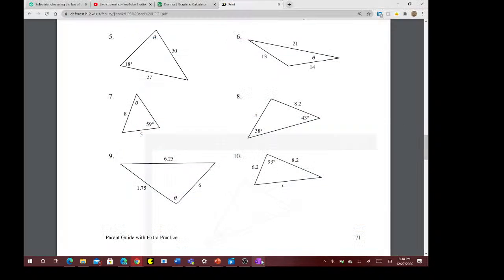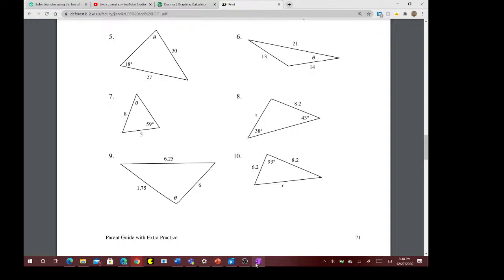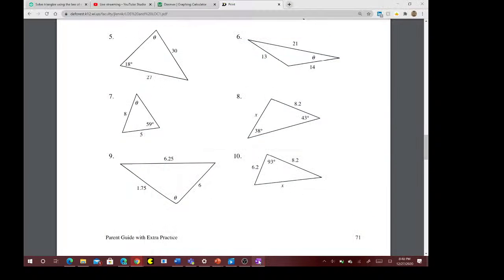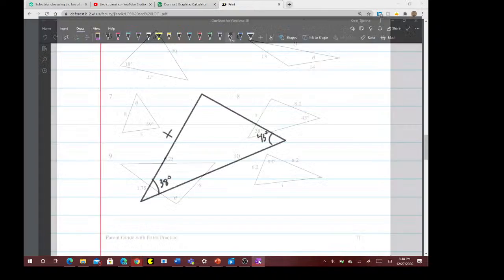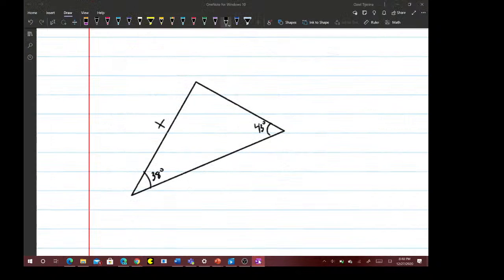Then this one is x, and then this one is 43 degrees, okay? And then this one is 8.2, so 8.2, okay?